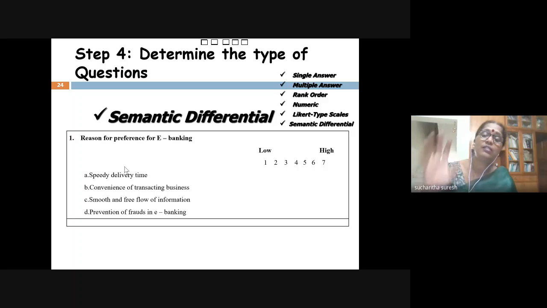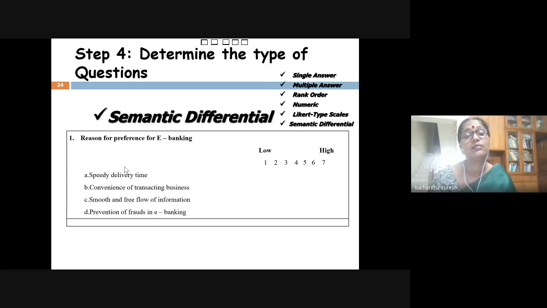It is also very good whenever you are measuring the practice of something. Then we can use this semantic differential method. It's not the attitude, it's not the perceptions. Like here, reason for preference for e-banking. Why do you prefer this?